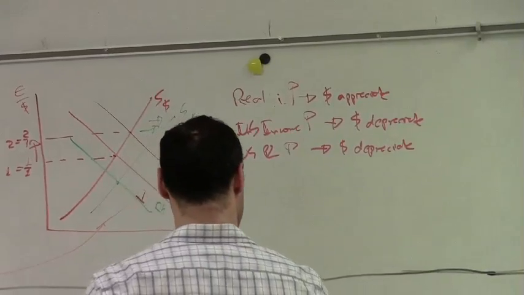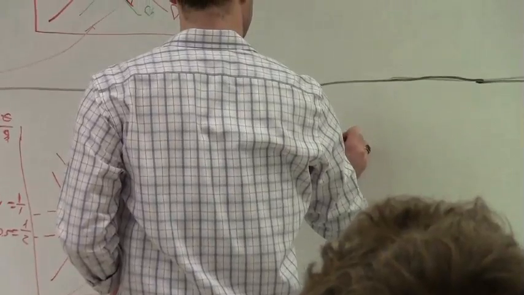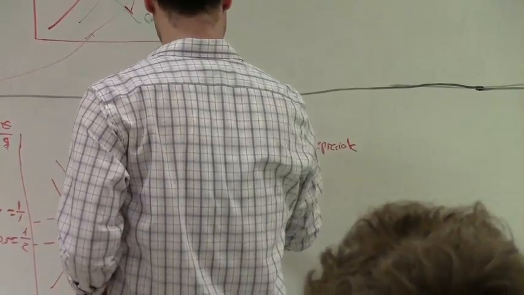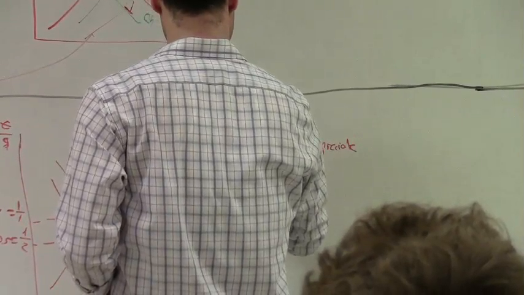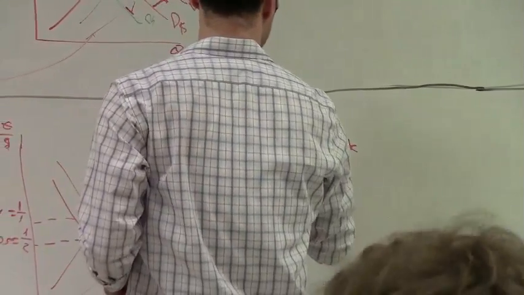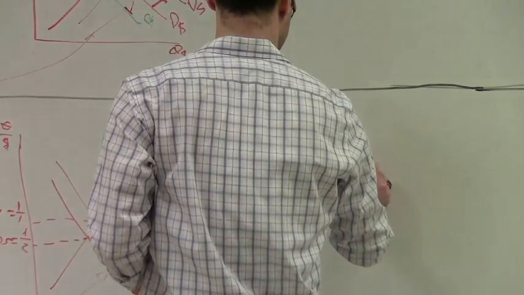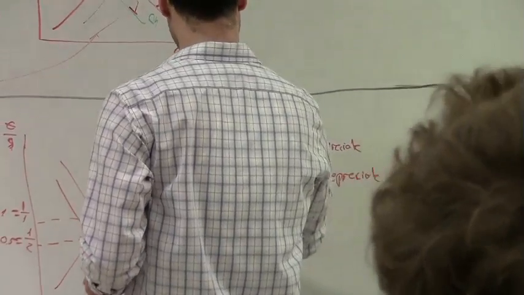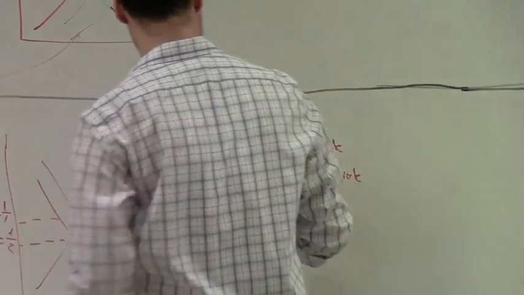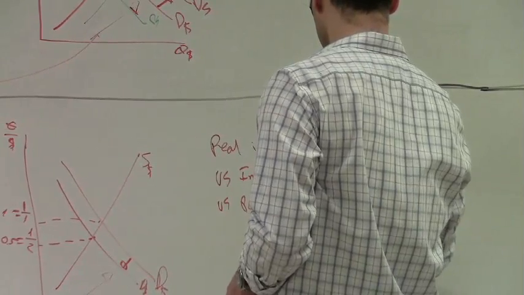That caused the dollar to depreciate. Or US incomes increased as a result of easy money policy, which causes the dollar to depreciate. And the US price level increases because of the easy money policy. That causes the dollar to depreciate.